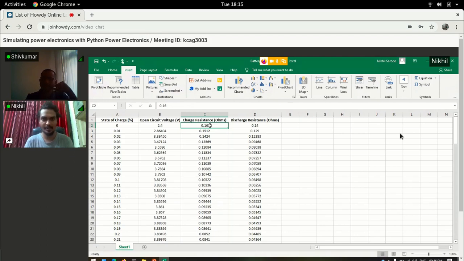So if we charge using 3.2 amperes, the cell will be charged in 1 hour. Now let us try to calculate how much our actual charge will be. Let's say we are charging at 3.2 amperes for 1 hour, which means 3.2 amperes for 3600 seconds.